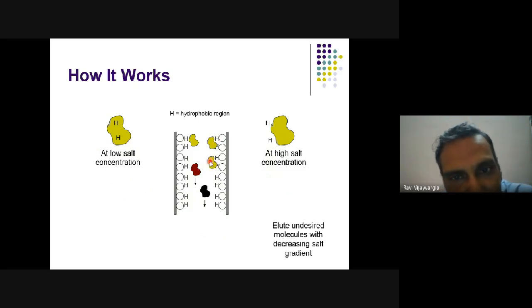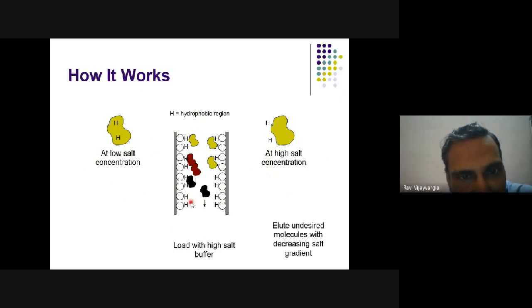Now if you want to elute them out, you again add low salt buffer. When low salt buffer is added to the column, more water molecules are available. The water molecules again make a layer around the hydrophobic residues, this interaction is broken, and the proteins can be eluted out of the column. So basically this is a column with resin.